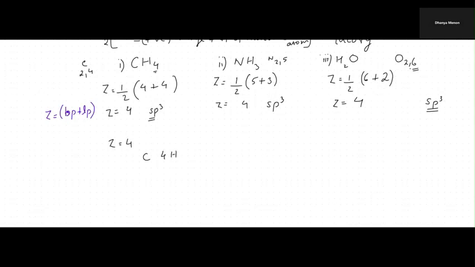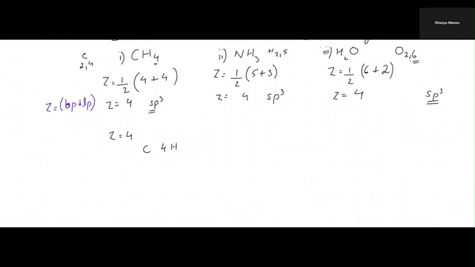So how many bond pairs are there? There are 4 bond pairs. That means how many carbon-hydrogen bonds are there? 4 of them, right? 4 carbon-hydrogen bonds are there.